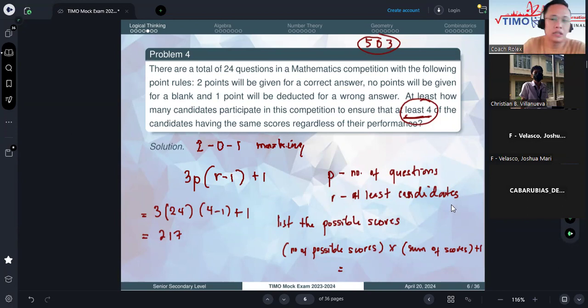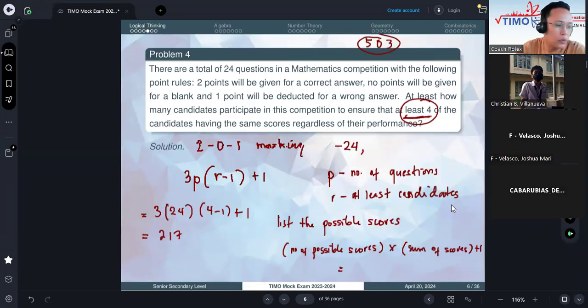So here, if you list all the possible scores, there are 24 questions, no? And if a person got all of the questions wrong, you will have negative 24. So this is the least possible score that a student can have.